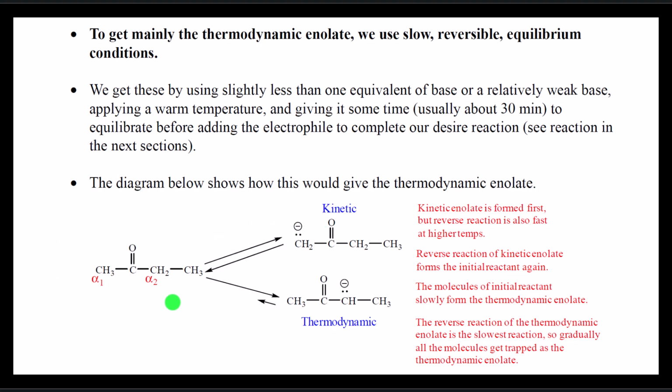We get significant amounts of the ketone formed again. Then every once in a while, one molecule of the ketone will go to the thermodynamic enolate and get stuck there. So then we have fewer molecules in this equilibrium. Again, another one goes here, gets stuck. And so it's a Le Chatelier's principle thing. As we pull more and more molecules down into this product, eventually we will have mostly thermodynamic enolate and very little kinetic enolate.